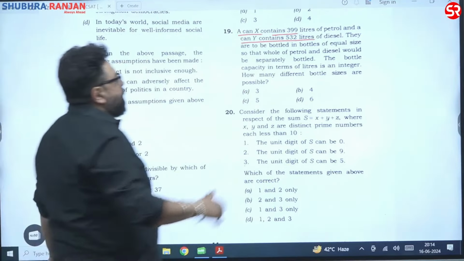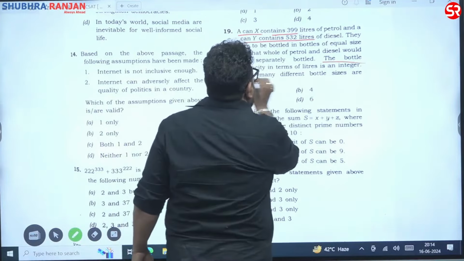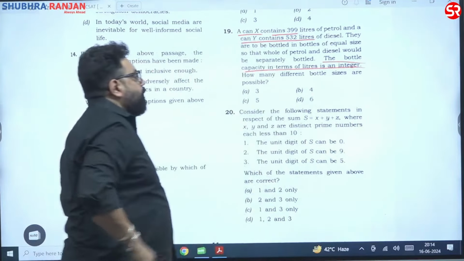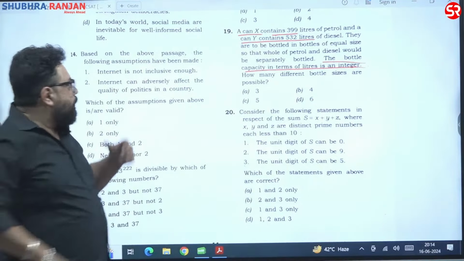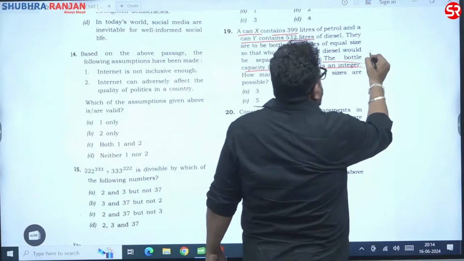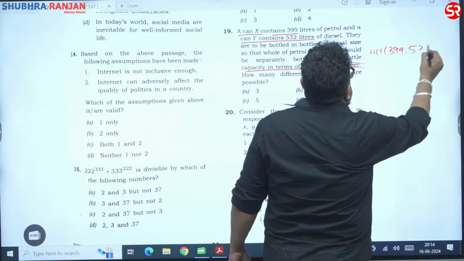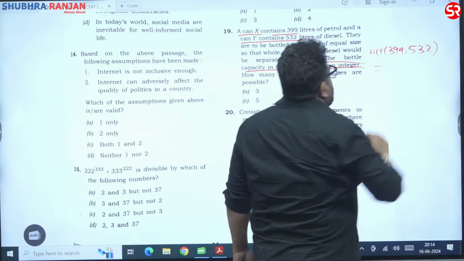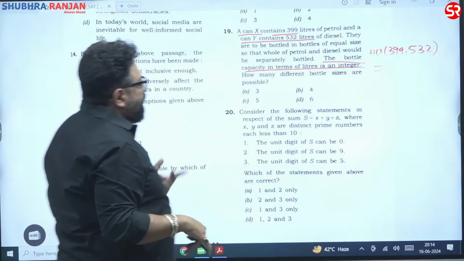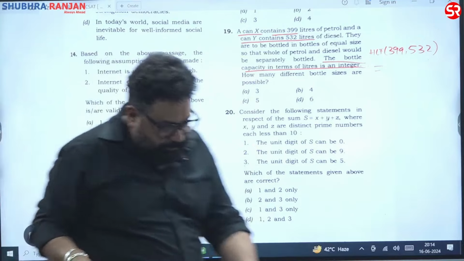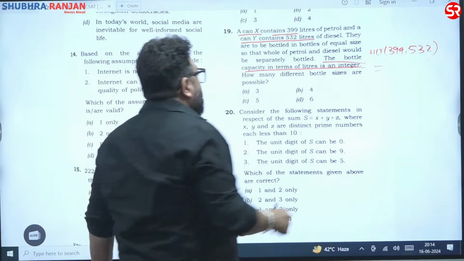Now see, the bottle capacity in terms of liters is an integer, right? How many different bottle sizes are possible? The HCF of 399 and 532 is coming out to be, just wait a minute, 133.